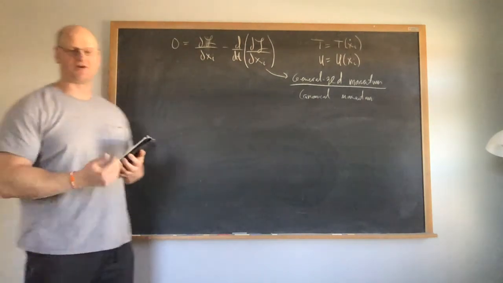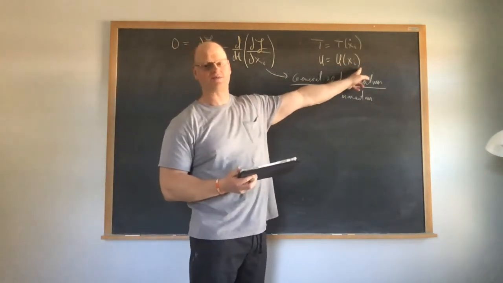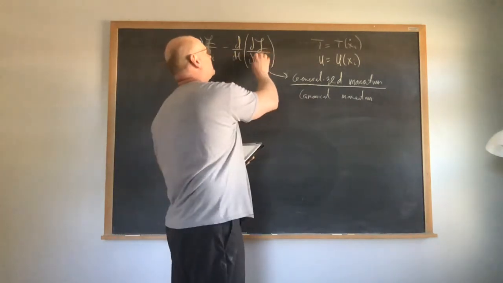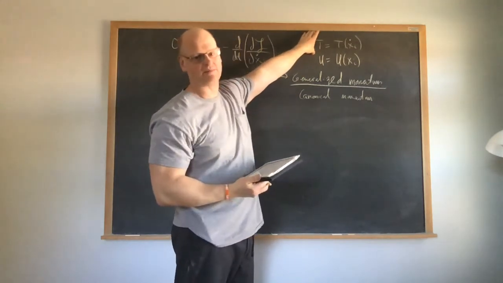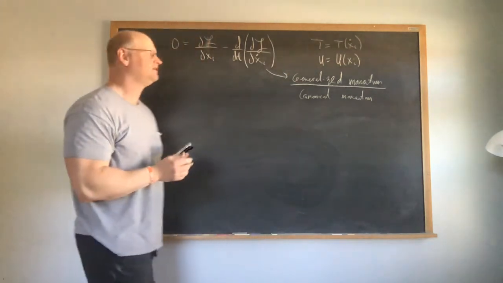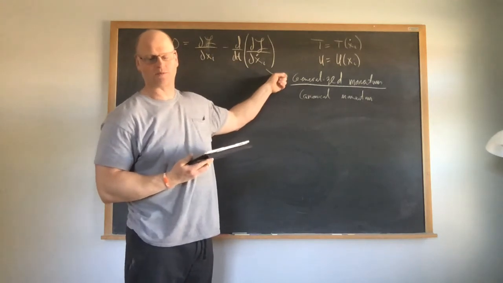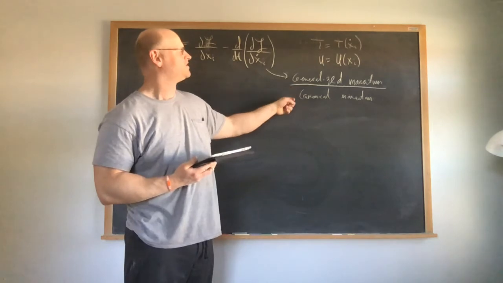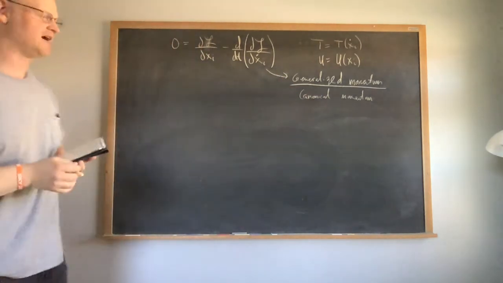There are times, going back to electricity and magnetism, since the potential is going to depend on x dot as well, when you take the partial of the Lagrangian with respect to x dot, you get the usual m times x dot, but you also get another term from the potential, which means that you end up with a modified momentum. It has the usual momentum, which is known as the kinetic momentum, plus some extra term, which gives you a different momentum, known as the canonical or the generalized momentum.